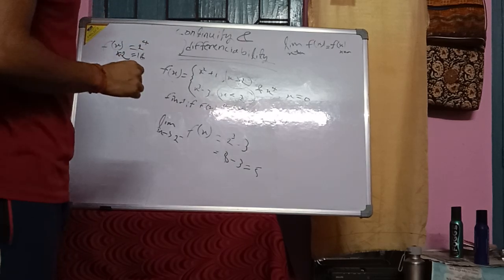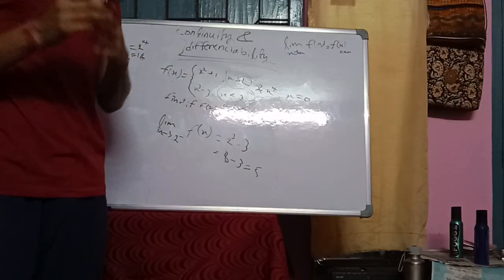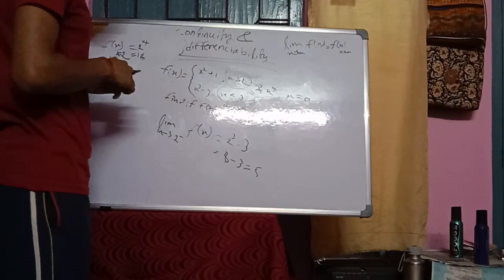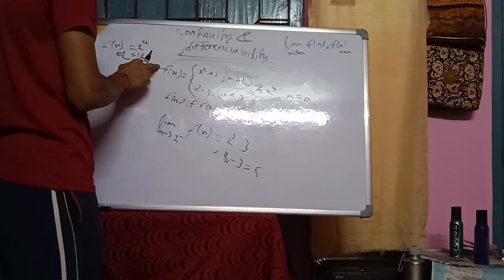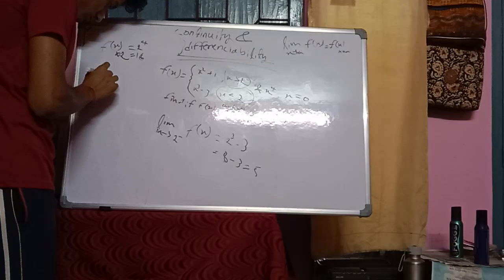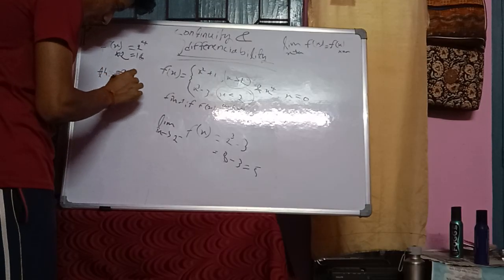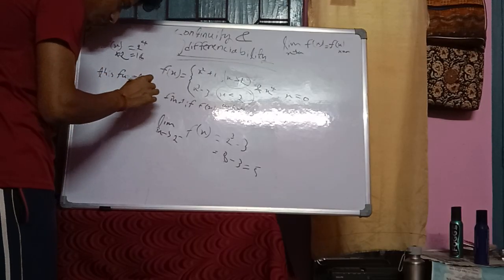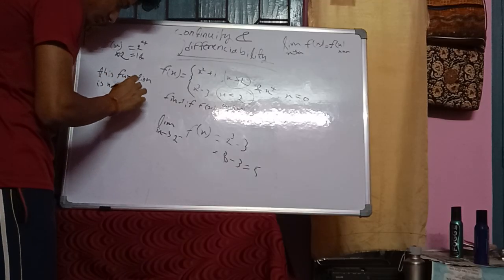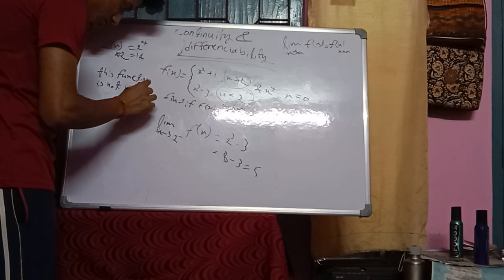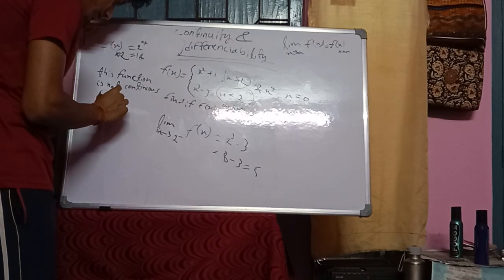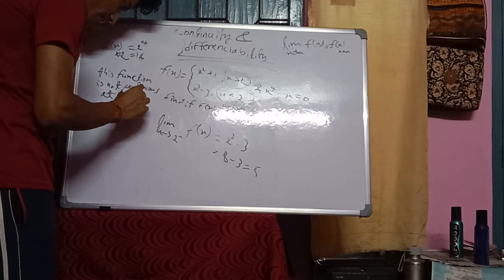So now both the limiting values might be the same, but the functional value is not the same. So this means this function is not continuous at point 2.